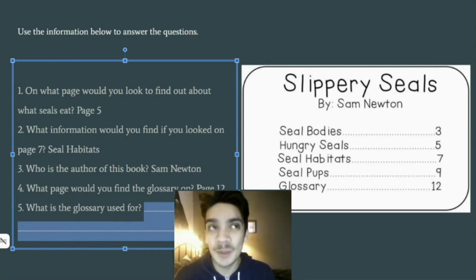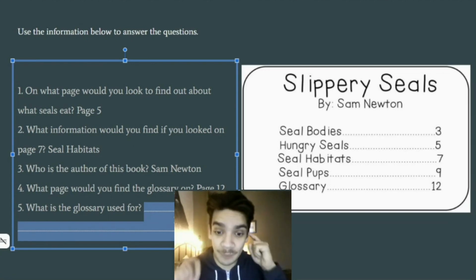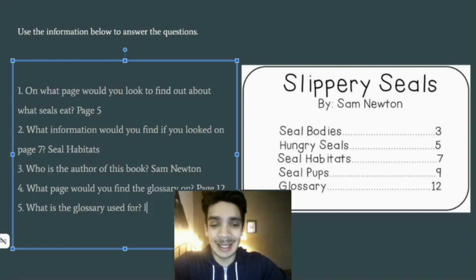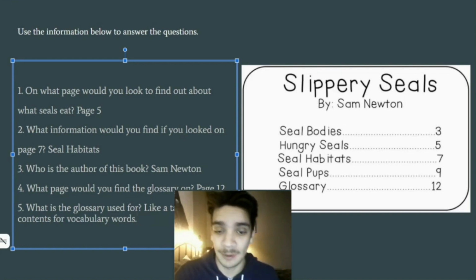So in one way, it's kind of like a table of contents, but instead of telling us general ideas, it's going to tell us about specific vocabulary words. So the glossary is like a table of contents for vocabulary words. And we already said that that would be found on page 12.